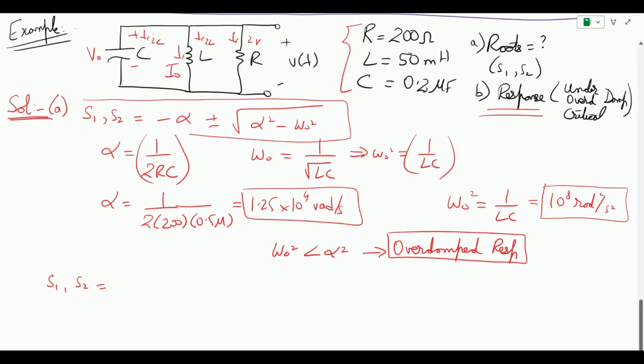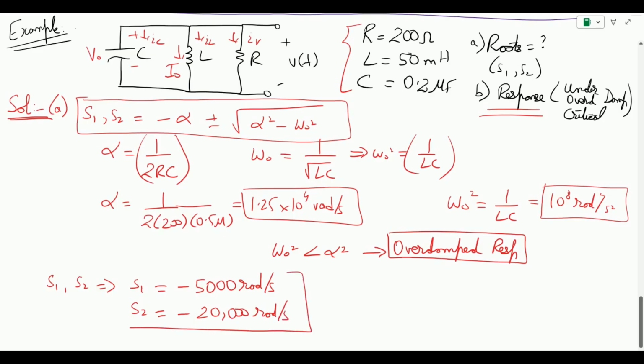Just input the values of alpha square and omega naught square. S1 comes out to be minus 5000 radians per second, and S2 comes out to be minus 20,000 radians per second. So this is the solution to the first part, and we have figured out the values of the roots of the equation.